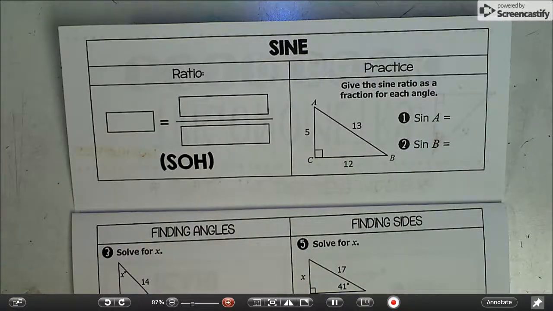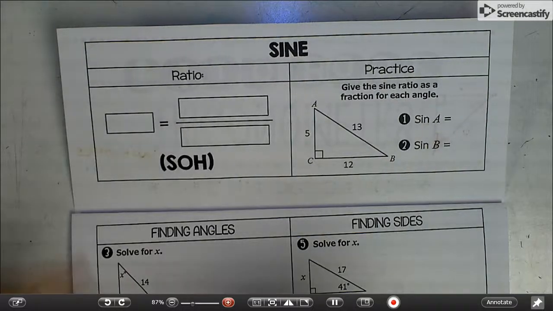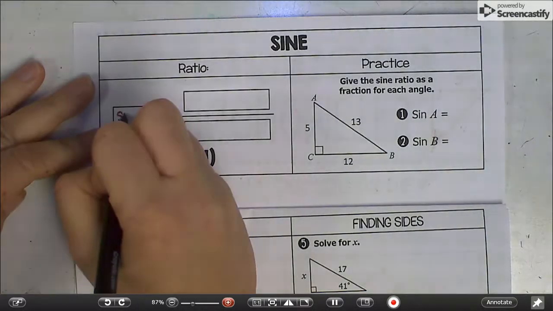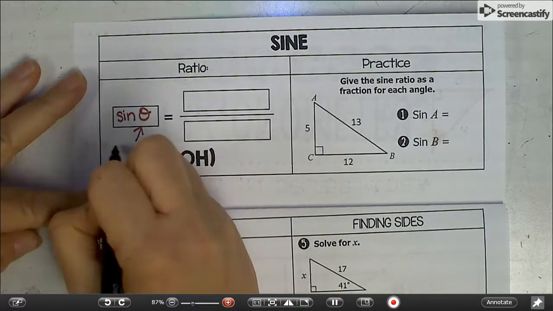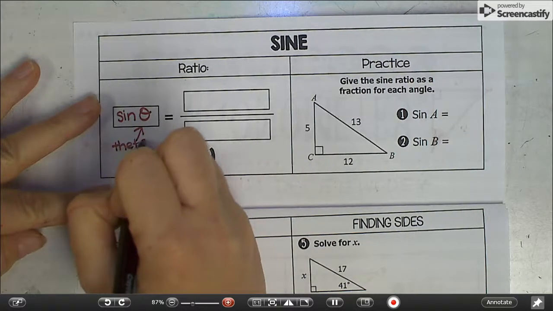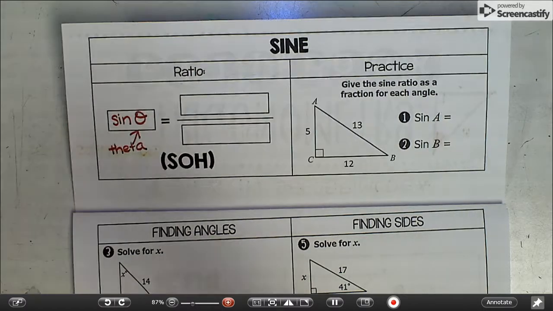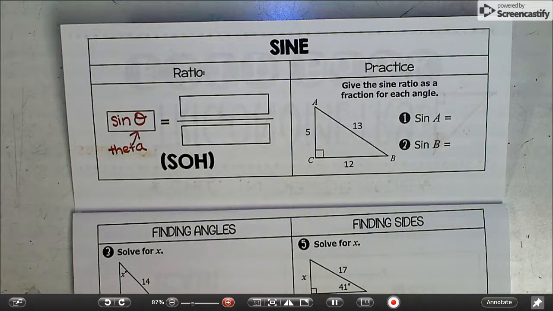All right, so sine, you would write sine, and then this little thing, it's called theta. And theta is like a variable you can use for angles. We're going to stick x there and other things there, but theta is the one that, if you see it, that's what it means.